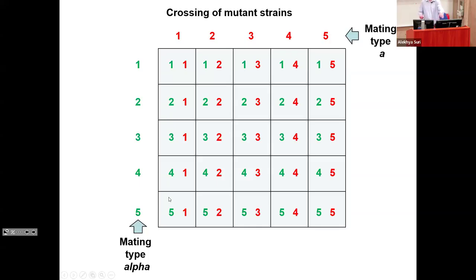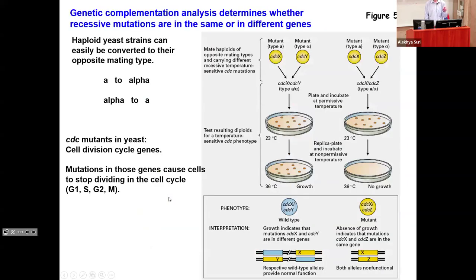So when you do this, you have 25 different mutant strains now. And this is what you see here on the right side. You would cross mutant strain 1 with 2, for example, and you would create diploid strains. So that's the scheme I showed you before.